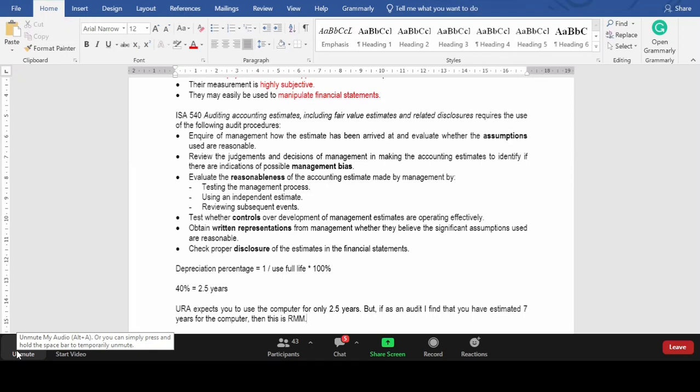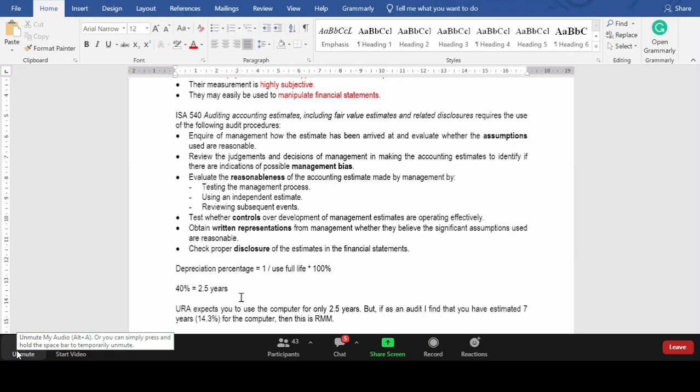You get it? You are trying to understate depreciation. You're understating it. Because 7 years, what will be that percentage? 1 over 7. So you are giving it 14.3%. You're depreciating the computer at 14.3%.